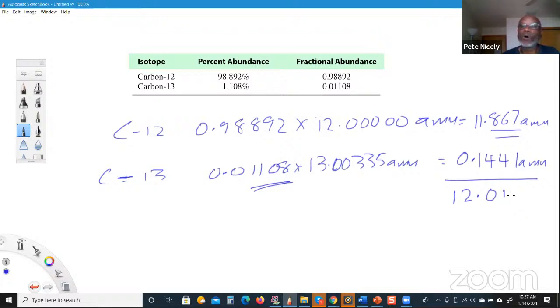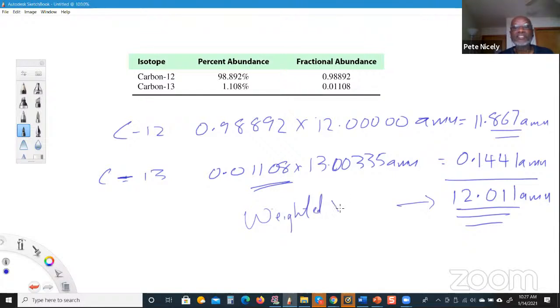So 12.011 AMU will be the final answer. So this would be the weighted average. Let me write this down here. The weighted average atomic mass.